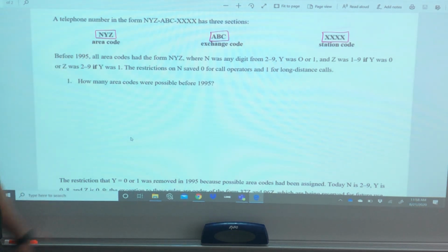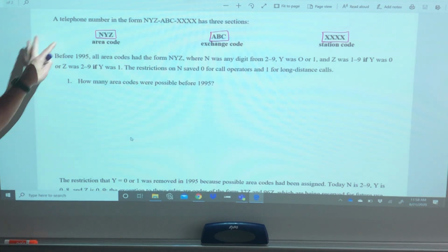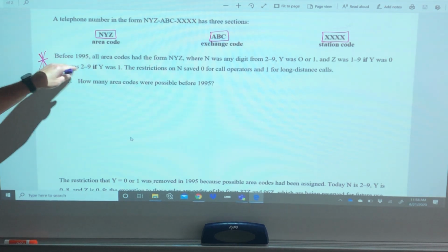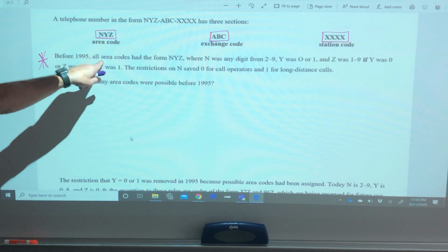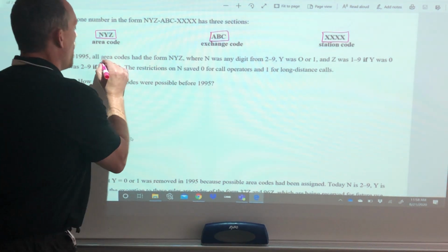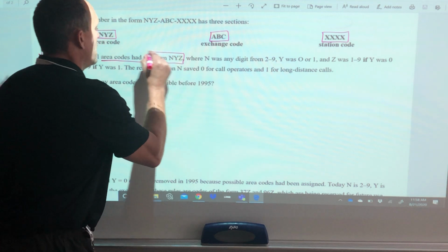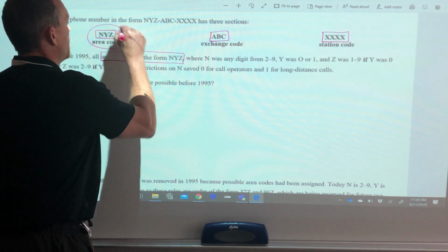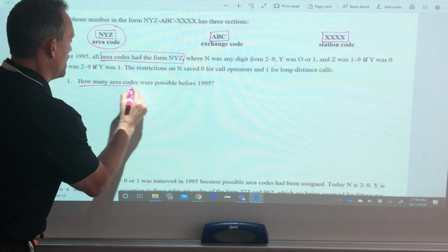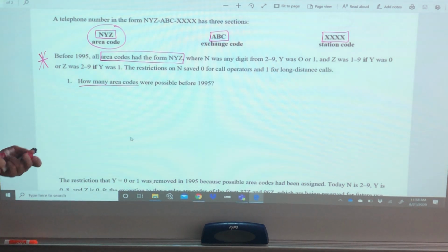We're going to try to stay somewhat consistent with that kind of coding when we start asking you questions. If we look at this first example right here, it says before 1995, all area codes had the form NYZ. So really all we're going to be worried about today is the area code for number 1. We're only looking at the area codes.